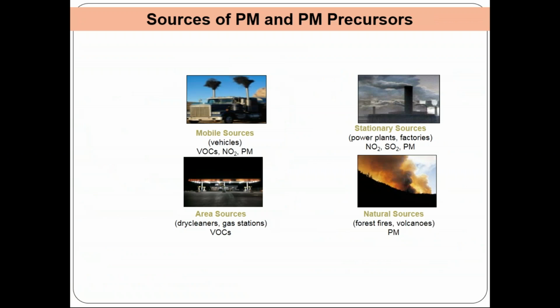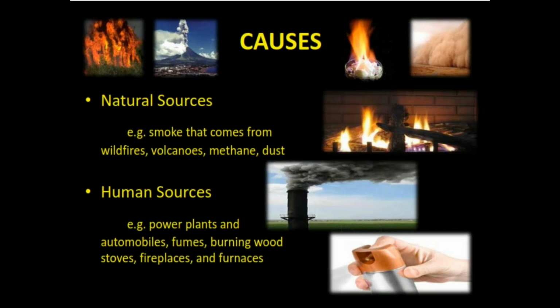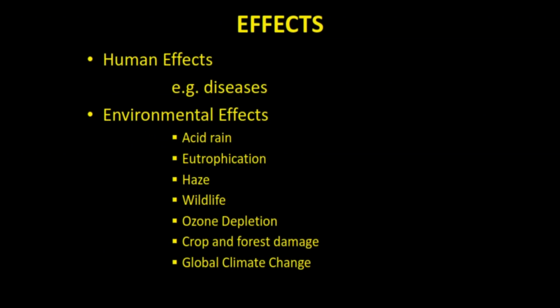Here are the sources: industrial activity, mobile sources, stationary sources like stacks, natural sources like volcanic eruptions, and area sources like petrol pumps. Also smoke from wildfires, volcanoes, methane, and dust during other natural calamities, and anthropogenic activity like power plants, industrial activity, automobile fumes, burning wood, stoves, fireplaces, and furnaces. The major effects of air pollution are disease and environmental effects like acid rain, eutrophication, haze, wildlife damage, ozone depletion, crop and forest damage, and finally global climate change, because temperature is rising due to rising carbon dioxide.